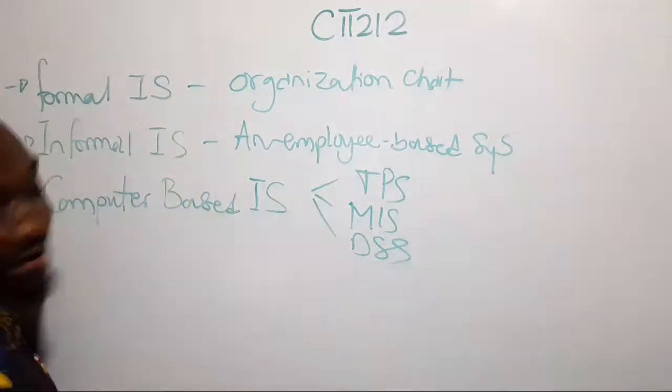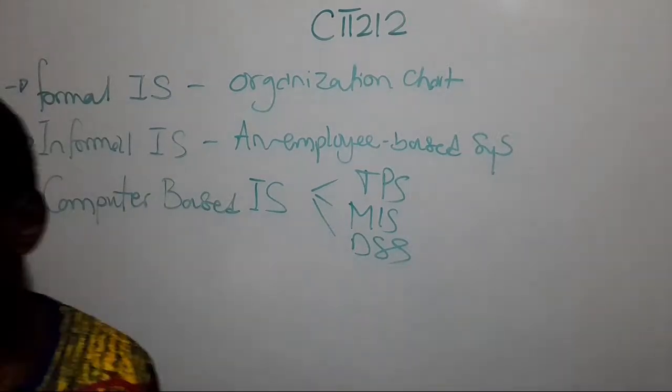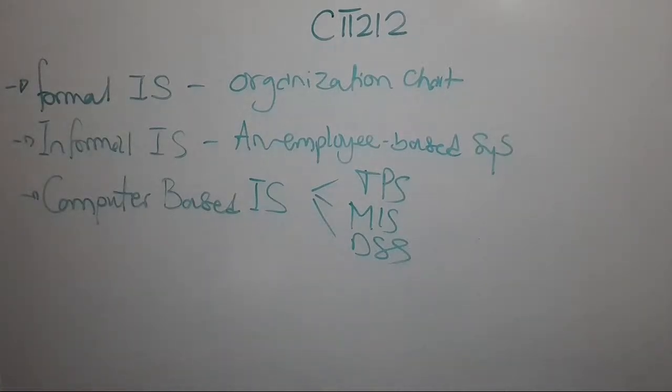TPS is an acronym for Transaction Processing System. MIS is an acronym for Management Information System. And we have the Decision Support System, which is DSS. Very quickly, let's touch on what is meant by a transaction processing system.